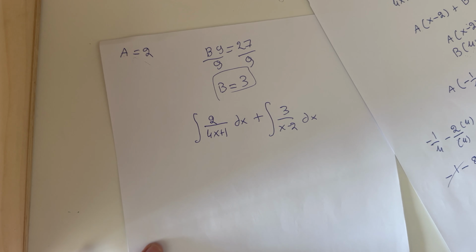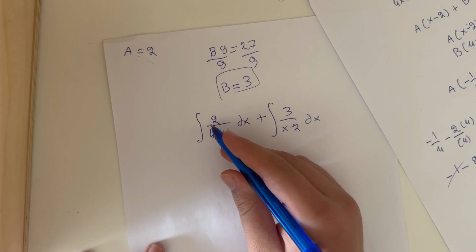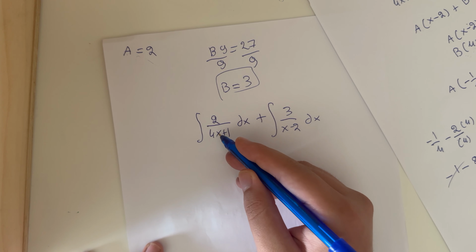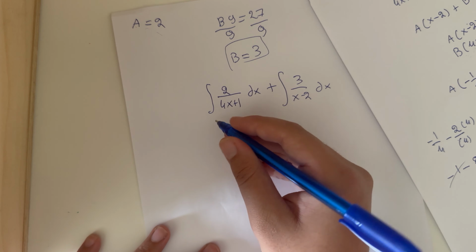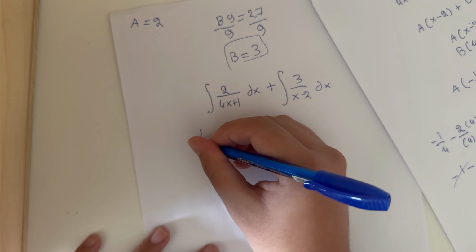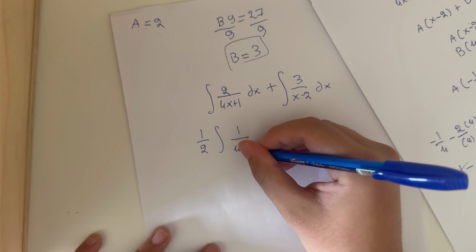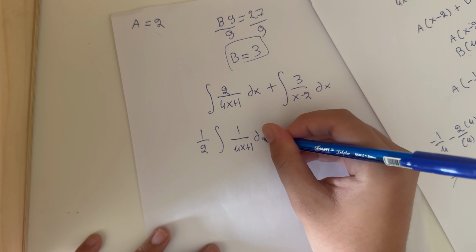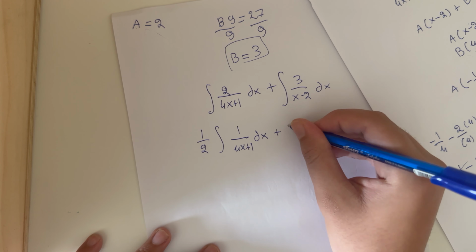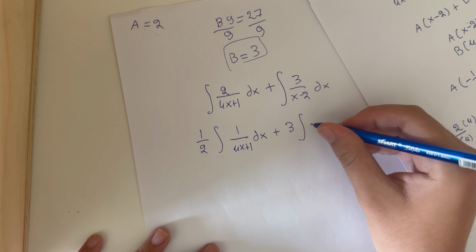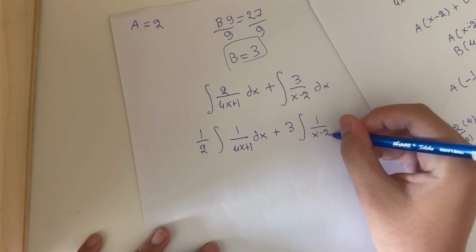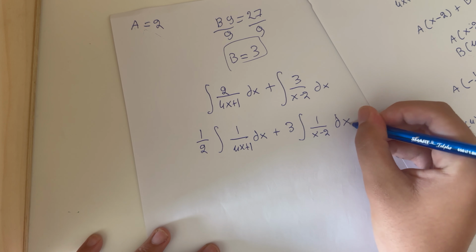So recall from integration techniques that we can take the constant out. So I can take 2 over 4 out. 2 over 4 is just 1/2. So we have 1/2 times the integral of 1 over 4x plus 1 with respect to x, plus 3 times the integral of 1 over x minus 2 with respect to x.